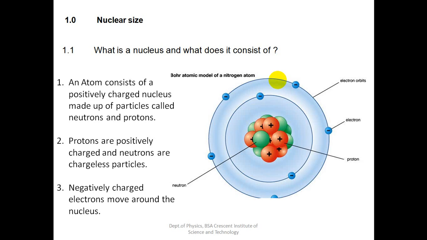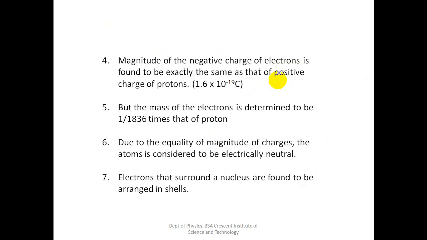So what we know: a nucleus is the center of the atom, or a small core of volume inside the center of the atom, where there are nucleons, which are the protons and the neutrons. Neutrons are chargeless, and the protons are positively charged. Therefore the nucleus is positively charged. Well, we move on to the next slide.